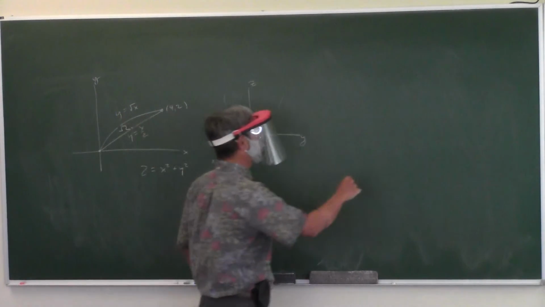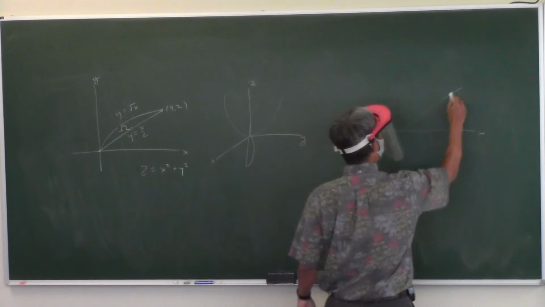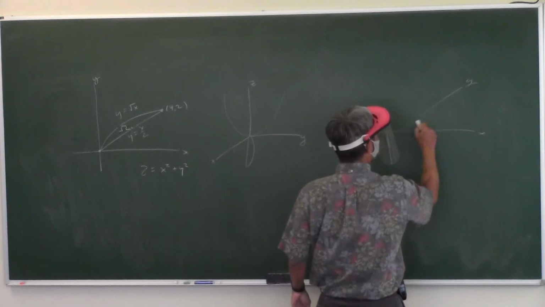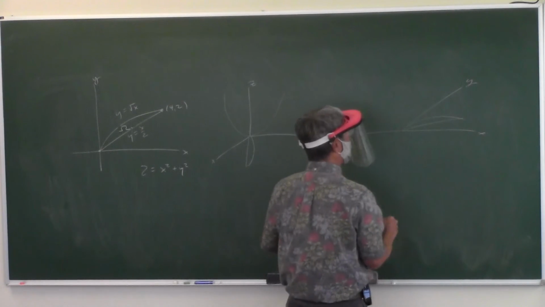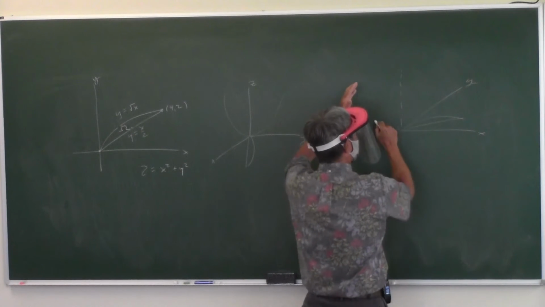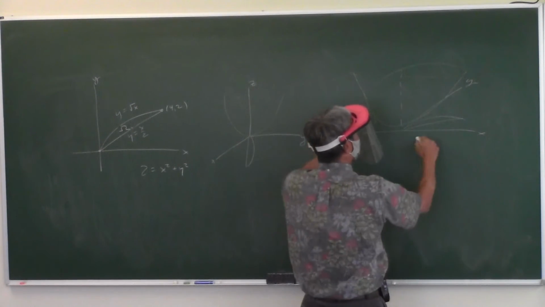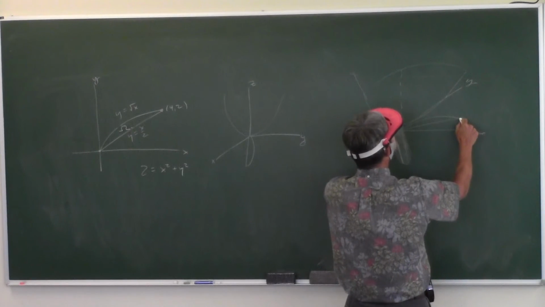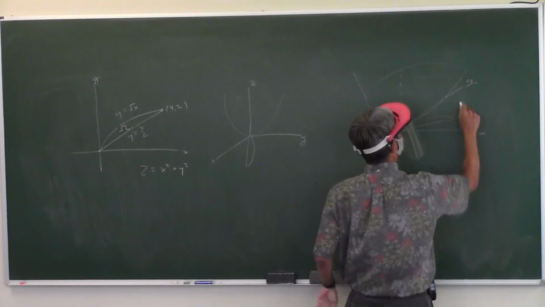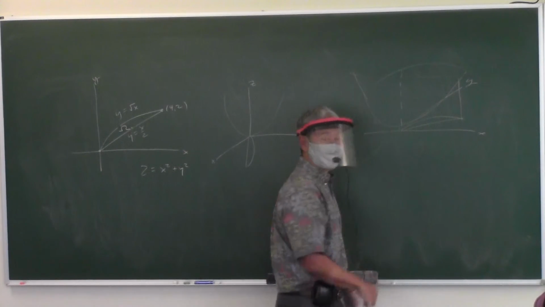Let me have another try at it. x, y, and then above it, bounded by the paraboloid, here's the z-axis. Like this. So we're talking about the surface. I don't even know where to begin.